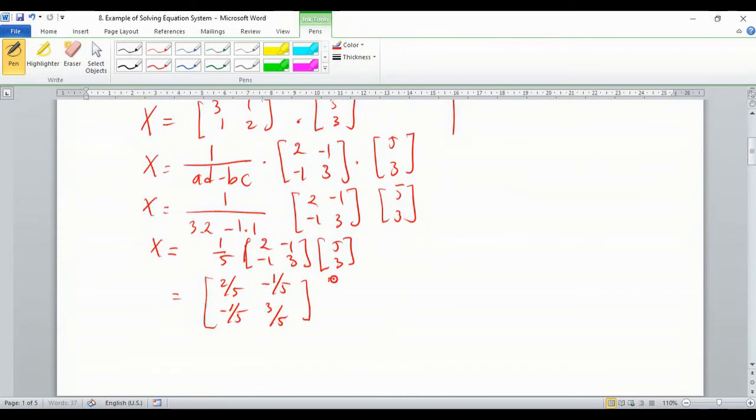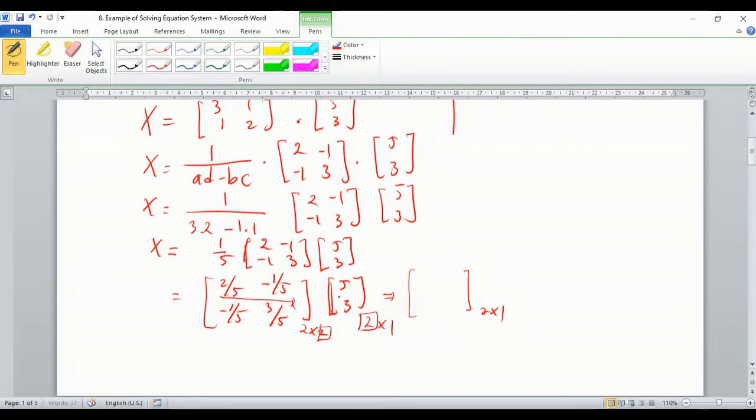Before you multiply, you need to find their dimensions. This one is 2 by 2 and this one is 2 by 1, so the inner dimensions are the same, and the result will be 2 by 1, 2 rows and 1 column. You multiply row times column.